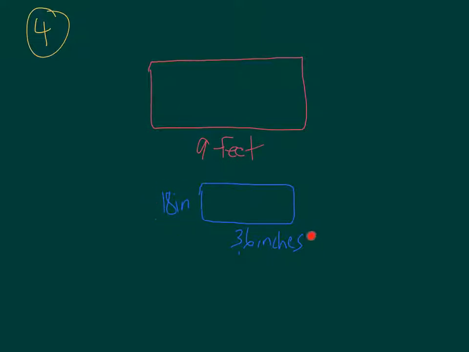What we're really trying to compare is this 36 inches to this 9 feet, and what's going to be our scale factor to make our plans change into the real pool table. So this is the real pool table that he wants to build. First, I would probably want to convert this 9 feet into inches.